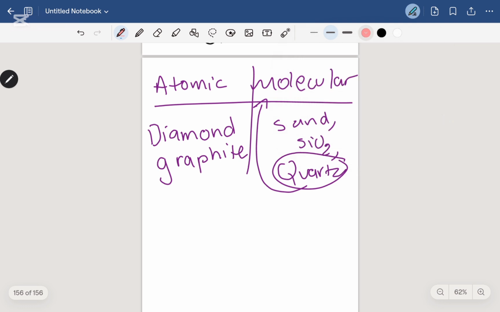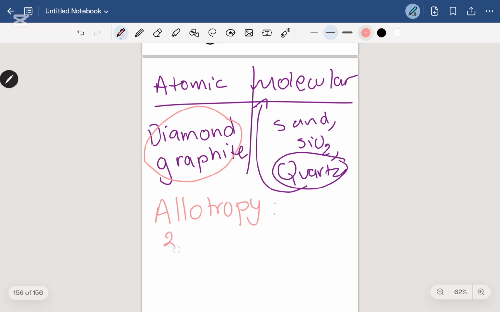Okay, now before we get into that definition, we're just gonna know what is allotropy. I don't know if I pronounced it right. Allotropy. Okay, allotropy means when two or more forms of an element exist in the same physical state. So diamond and graphite are allotropes. Why? Because both of them are from carbon.